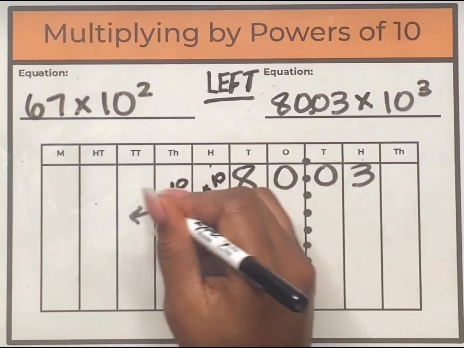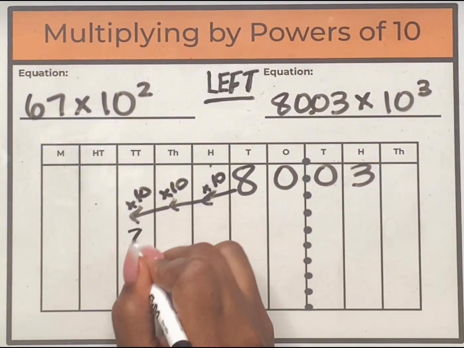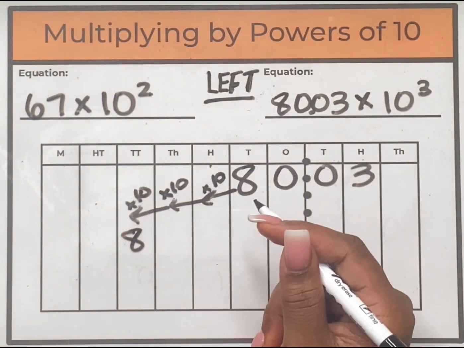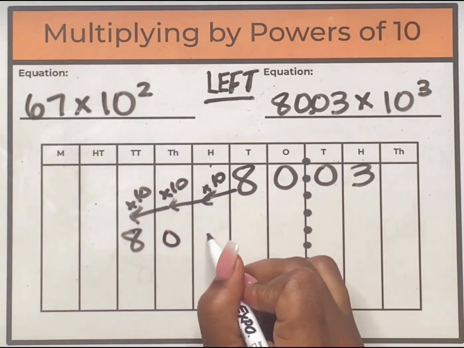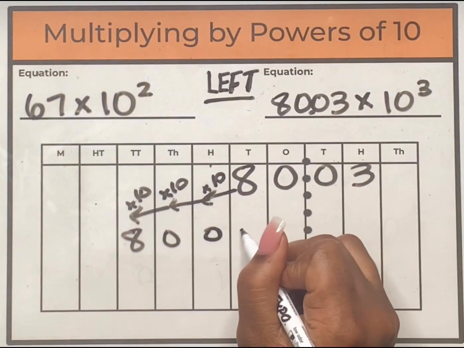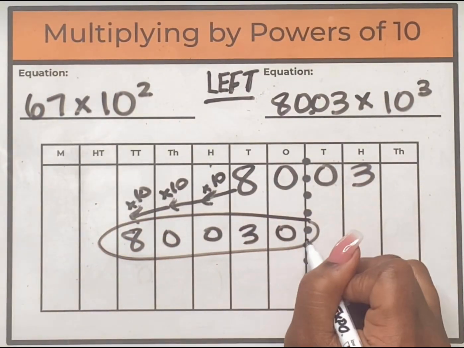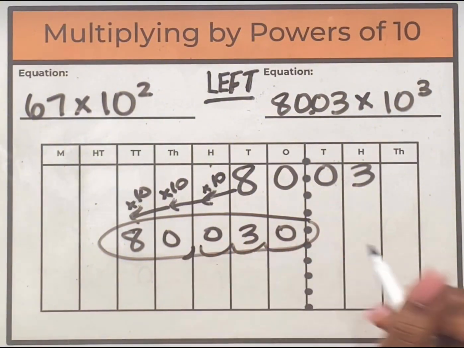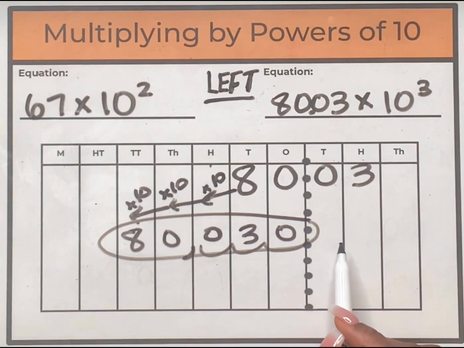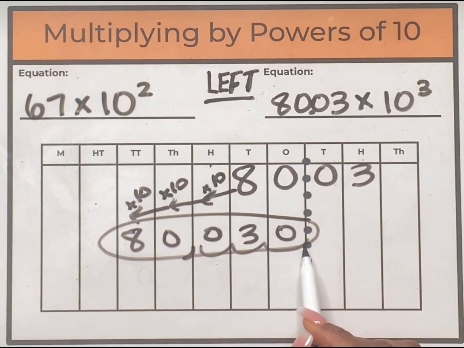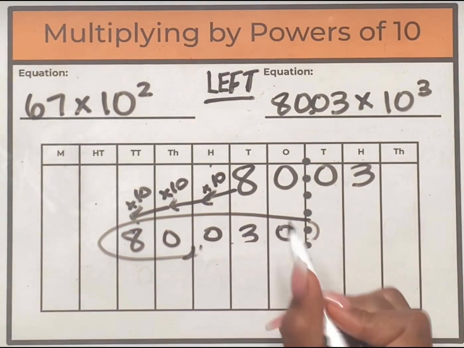Now my 8 is no longer in the tens place. It's now in the 10,000s place. I multiplied, it got larger. We simply bring the 0 over, bring this 0 over, bring that 3 over. In this blank, we're going to put a 0 as well. 1, 2, 3, and comma. If you're not used to putting commas in, start at the back of the whole number and count forward 3. 1, 2, 3, comma. That's how you insert your commas.